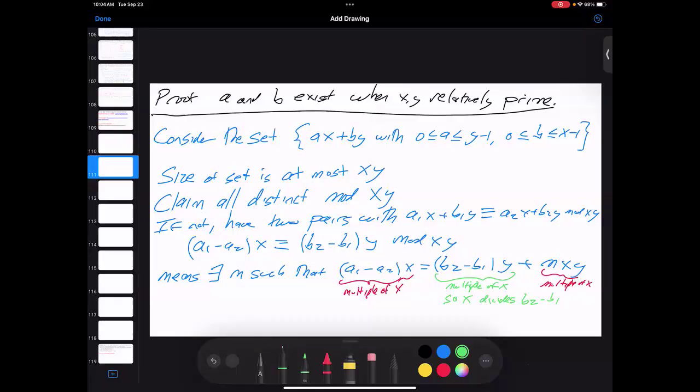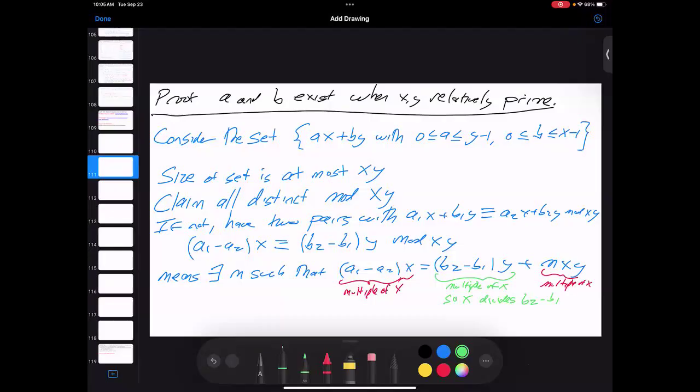That's not enough to be a multiple of x. You can't go to x, because b1 and b2 live from 0 to x minus 1. The largest their difference can be is x minus 1. X minus 1 is not a multiple of x.